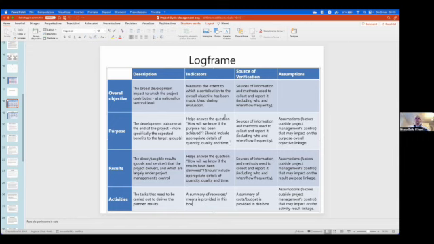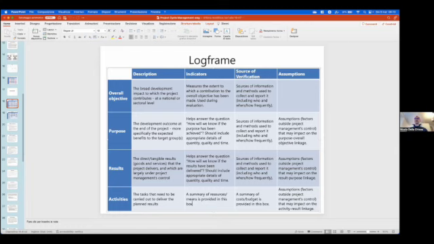Now, we will see the construction and the quality of the indicators especially in the last session, but I wanted to introduce them as they are an essential part of the log frame.